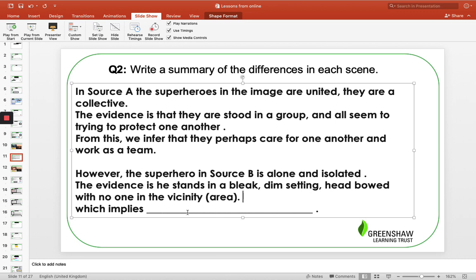Vicinity means area. Now I've got to infer. What can I tell about the fact that he's standing in a bleak, dim, miserable setting with no one around?